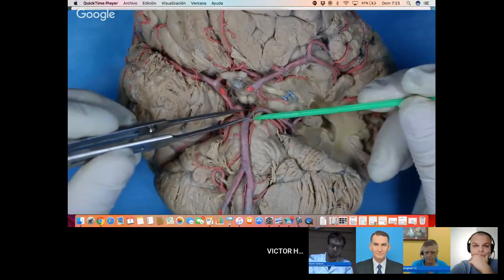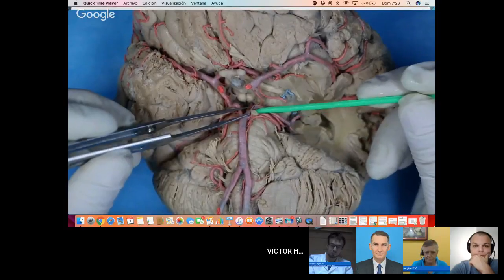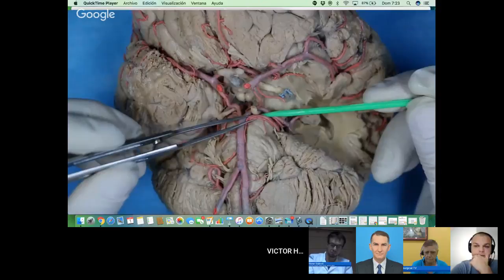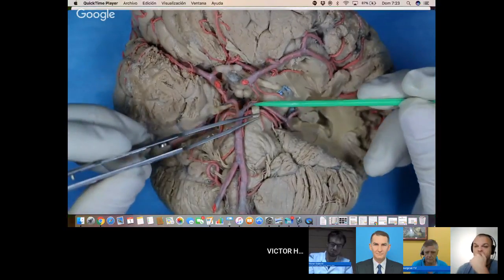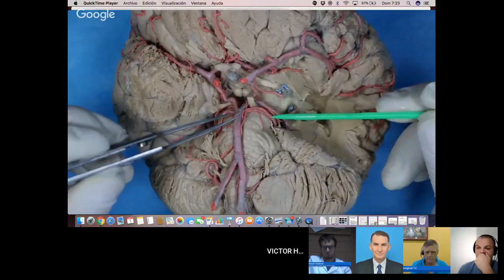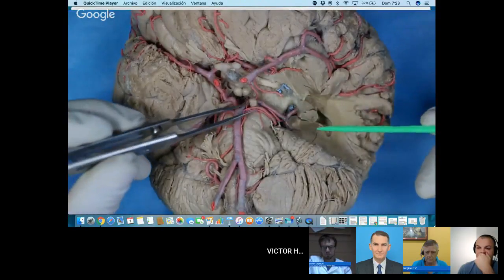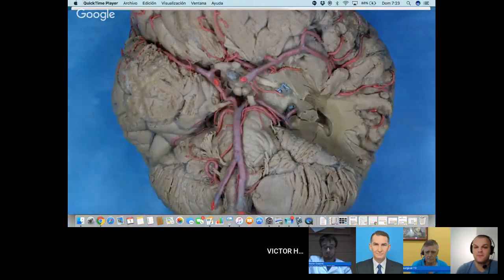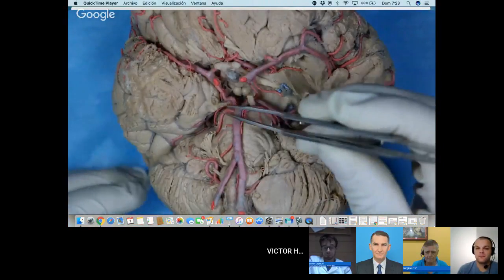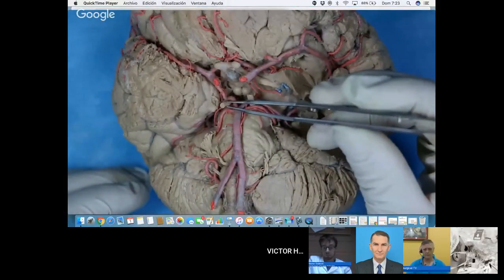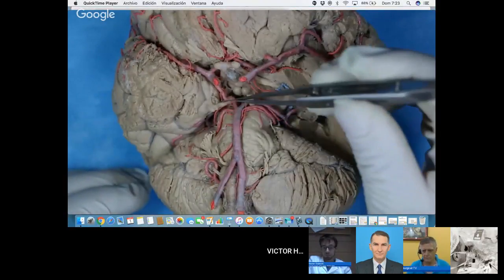These oculomotor nerves pass between the posterior cerebral artery and superior cerebellar artery. That is the right third cranial nerve, oculomotor nerve.